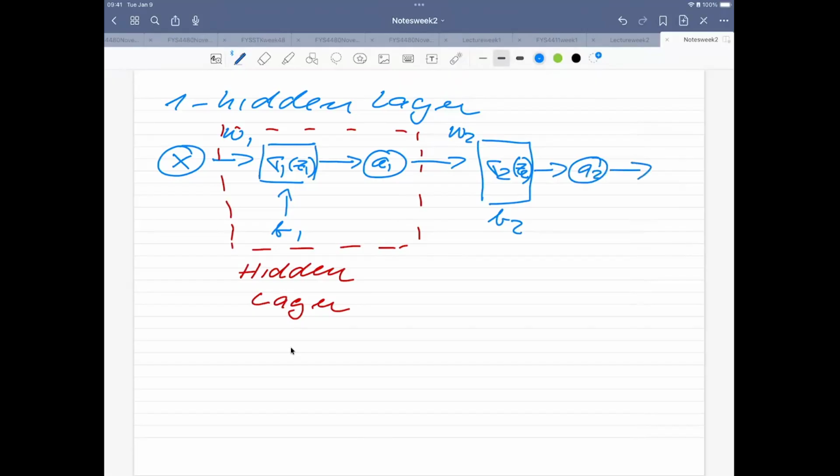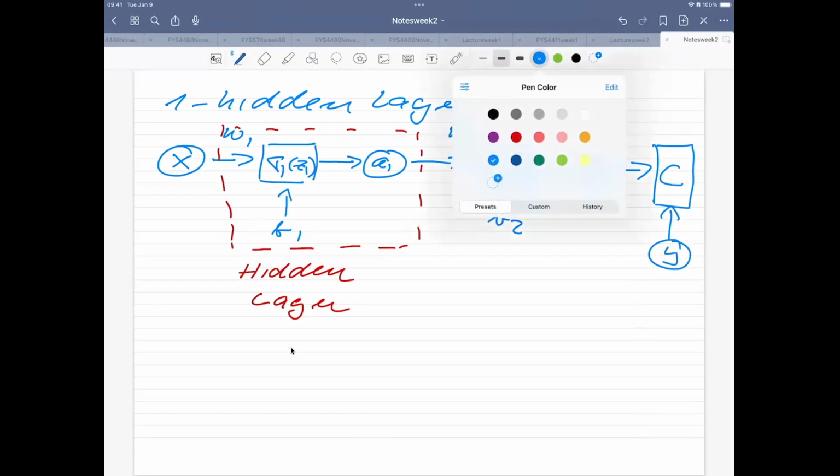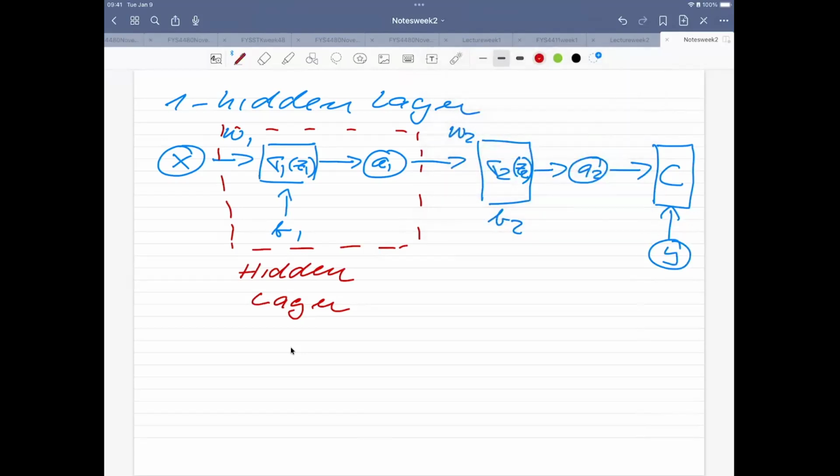This goes into this function, which we use to gauge the quality of the model. And we feed in the target value. So we compare the target with the output. And the quantity which you see here, this is now the output layer with the activation function. So this is now the output layer.